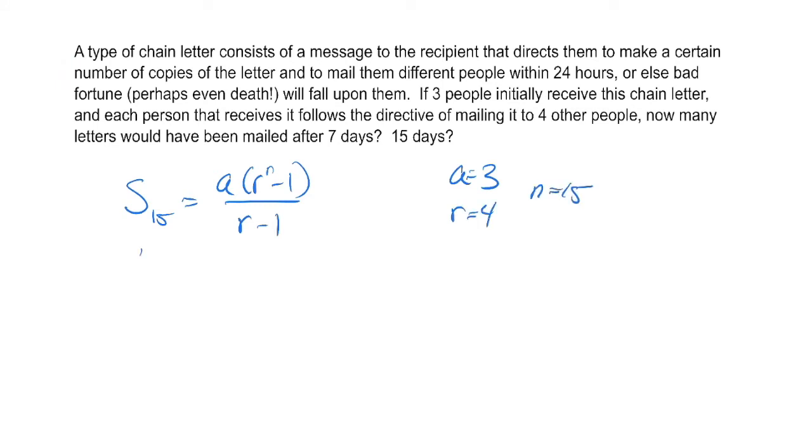So S of 15 is equal to 3 times 4 to the power of 15 minus 1, all over 4 minus 1. So S of 15 is 3 times 4 to the power of 15 minus 1, over 3.